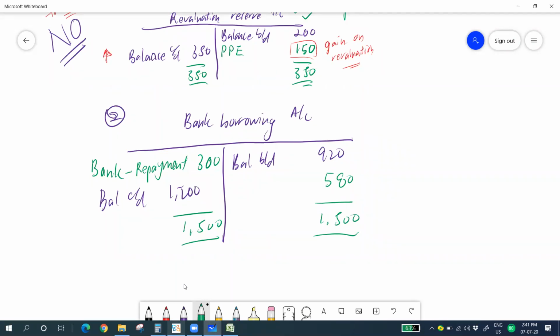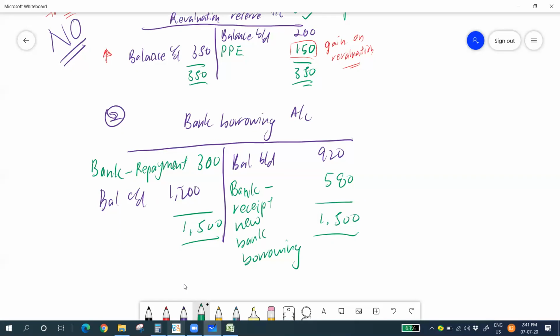Interest? No. Bank. Yes, it's bank, but what is the nature for this? Receive of borrowing? Yes, your answer is correct. We receive new bank borrowing.